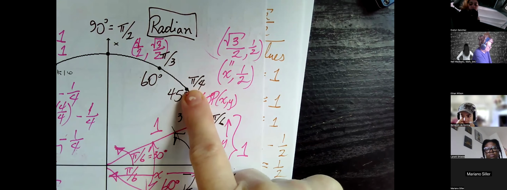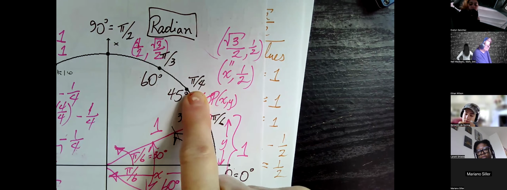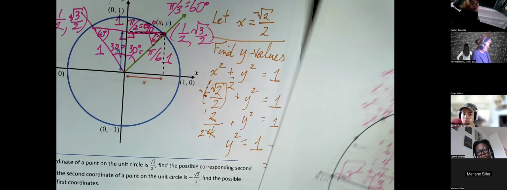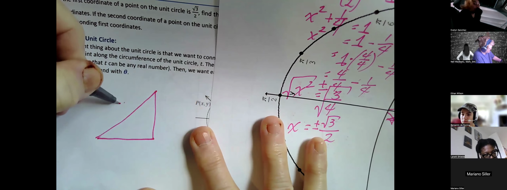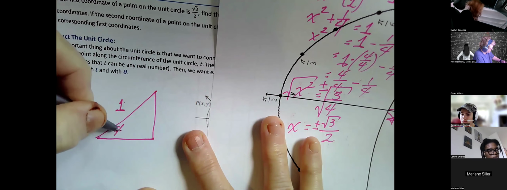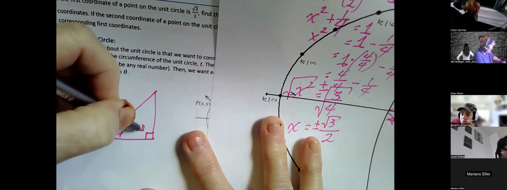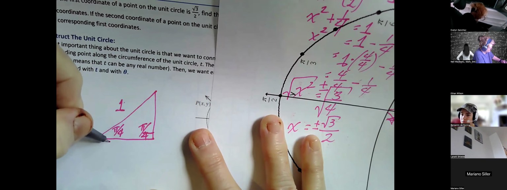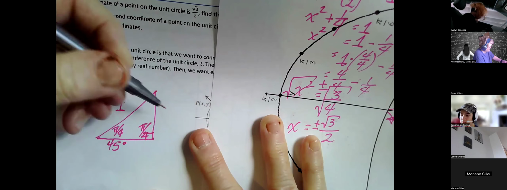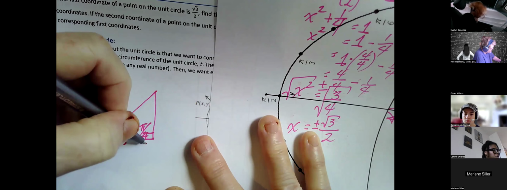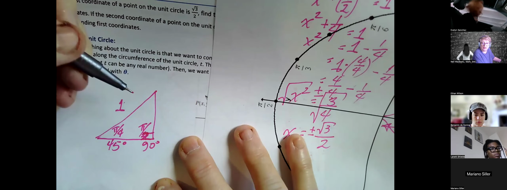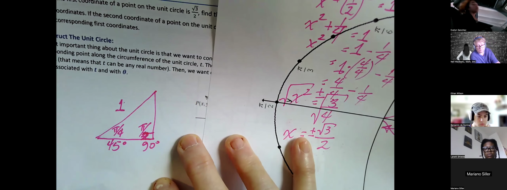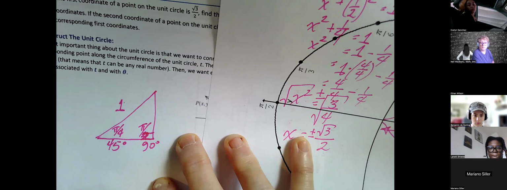Now we need to find out what point goes with pi over 4. So let's draw that. We know this is 1. We've got pi over 4, pi over 2, and let's remember, just for ease, that's 45, and this is 90. So what is the third angle? 45.